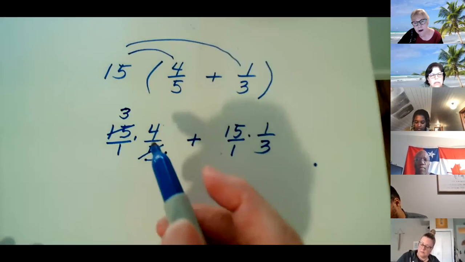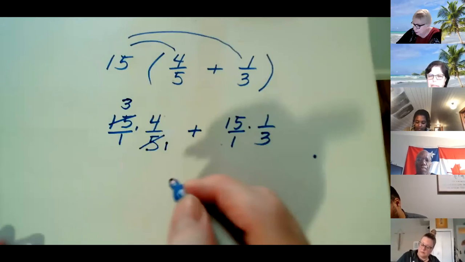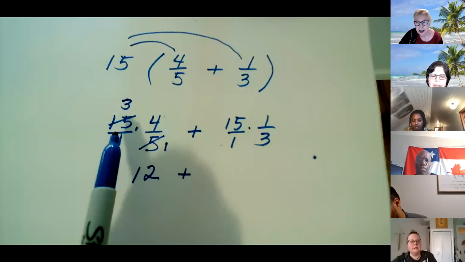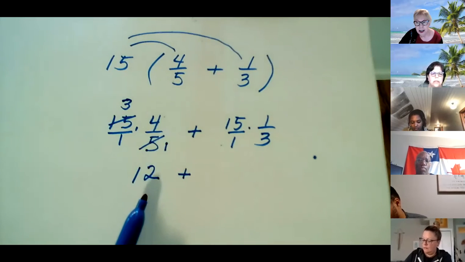So 3 times 4, yep. Yeah, 5 into 15, I lost my internet there. Right. 5 into 15, 5 into 5 once, 5 into 15 3 times, 3 times 4 is 12.